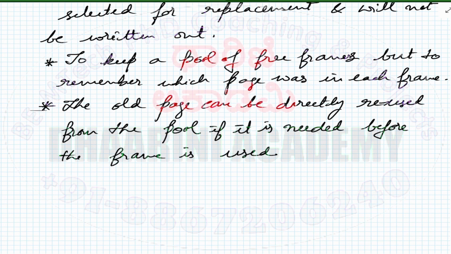Otherwise, the content will be kept as it is, thinking that these contents might be required at a later stage. All right, so that's the example of page replacement. Then we go to another concept called frame allocation.